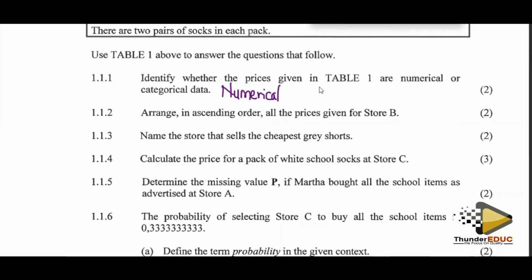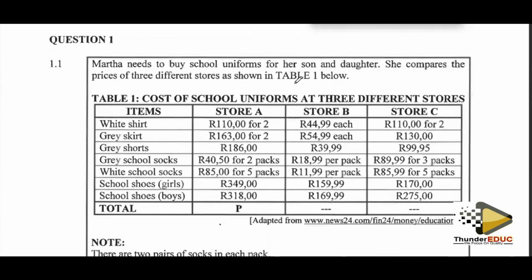Arrange the prices for store B in ascending order. Ascending simply means we are starting with the smallest value to the biggest value. Let's go to store B. The smallest value here is 11 rands 99 cents.